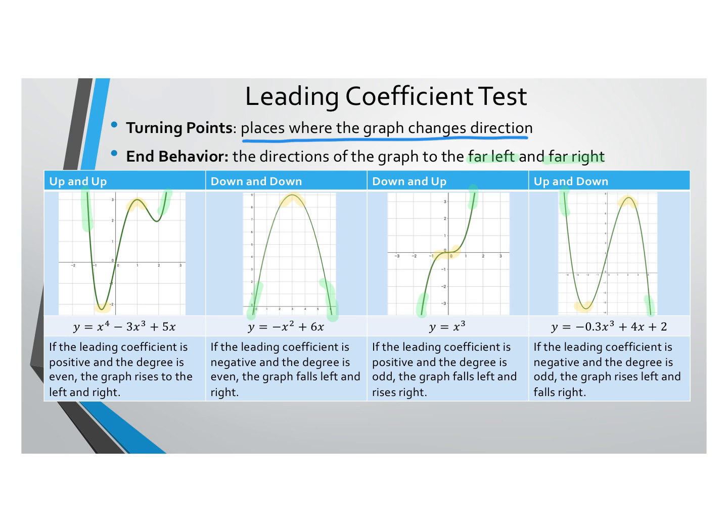So there are a couple of clues that can help us figure out end behavior. Notice if I have a positive leading coefficient and the degree is even, so 4 is an even number, we can say the graph rises to the left and right.